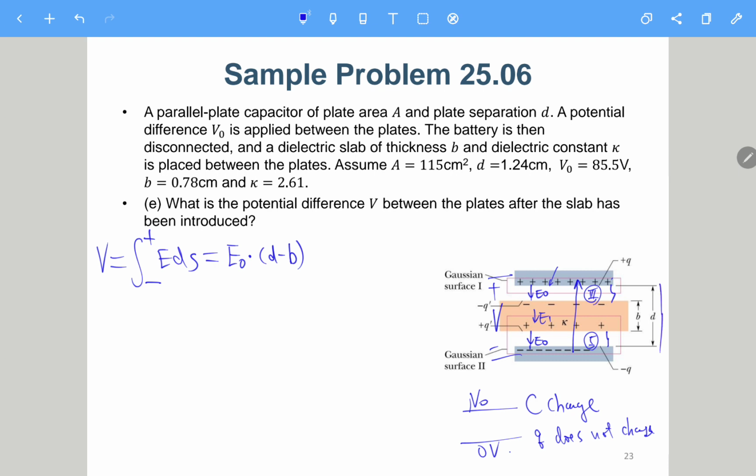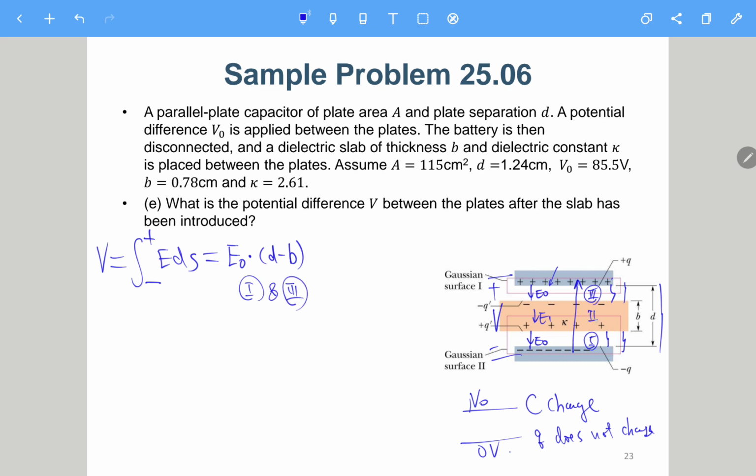D is the total length, and B is the thickness of the slab. You don't need to consider how thick each one is; when they add together, they must be D minus B. So this is the total potential difference for part 1 and part 3.